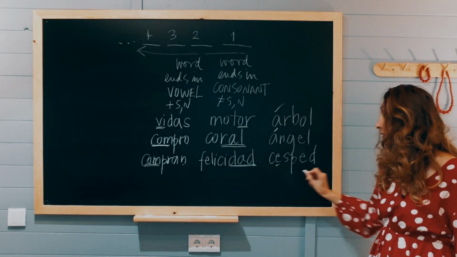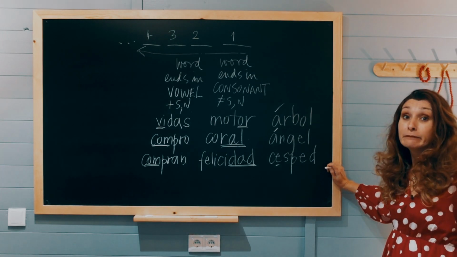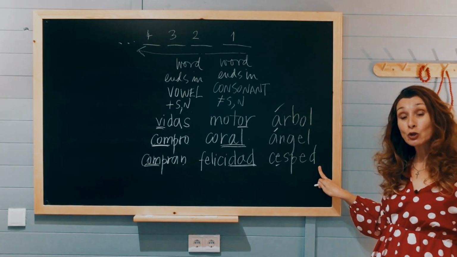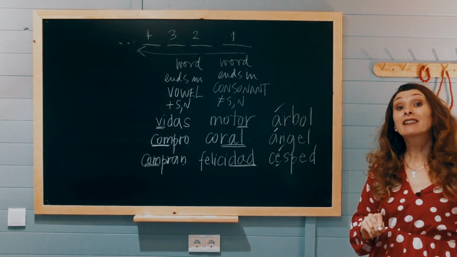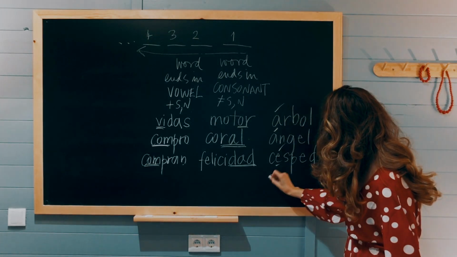So this one is the stronger one of the two. However, we would really expect this one to be the stronger one because it ends with a consonant. Well, no. Césped, okay? And maybe one more, sugar.